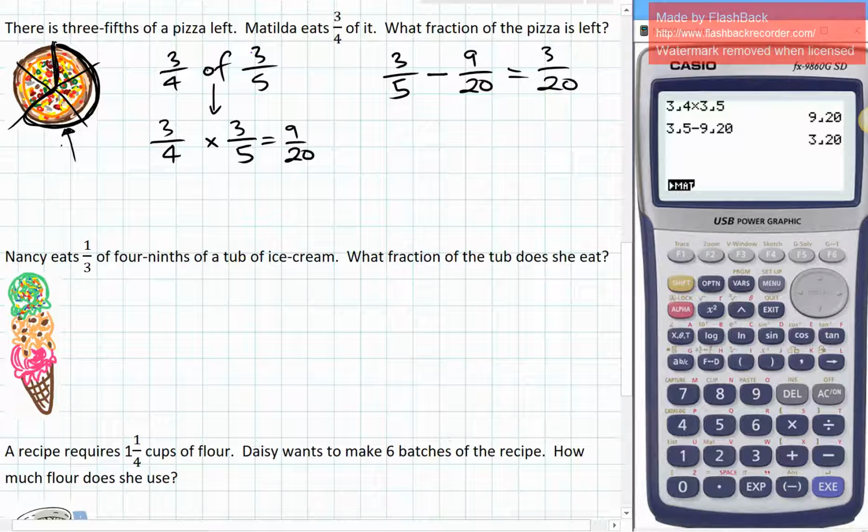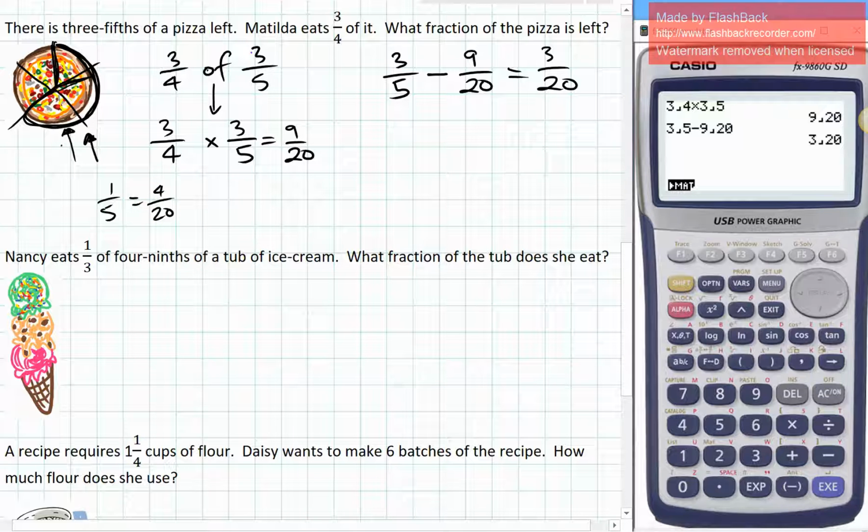So 3/20, which would be about, if we consider 1/5, 1/5 is the same as 4/20. So just thinking about it practically and considering the picture, 1/5 is equal to 4/20.